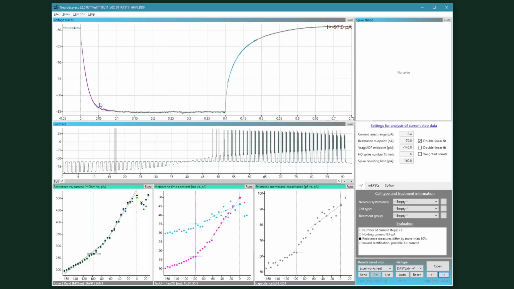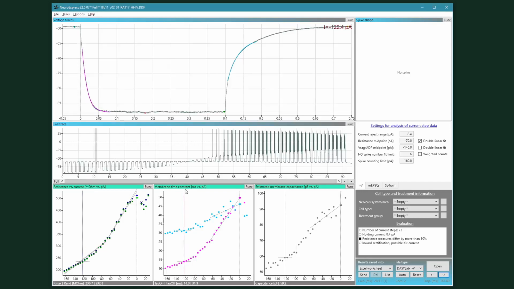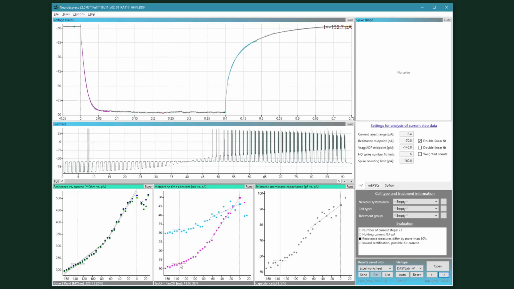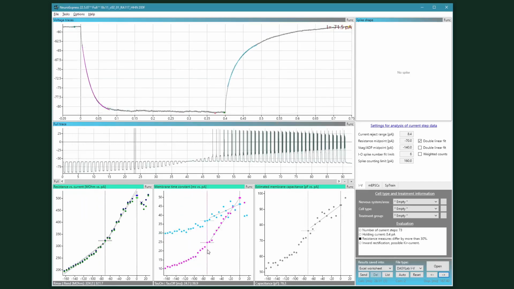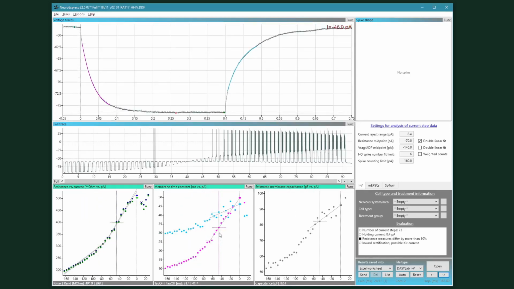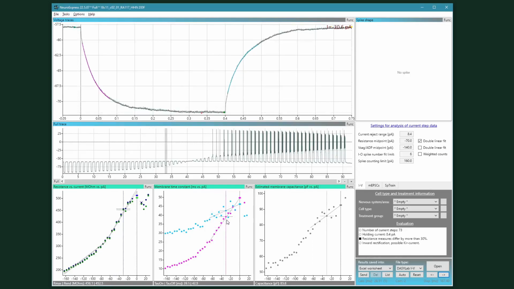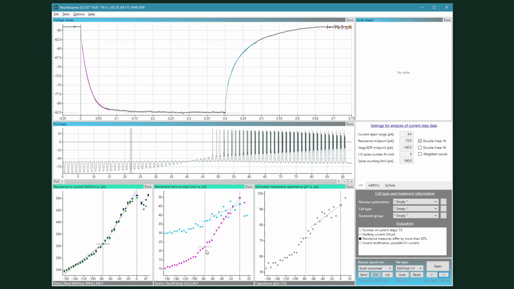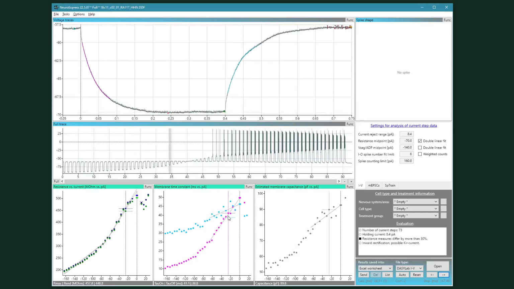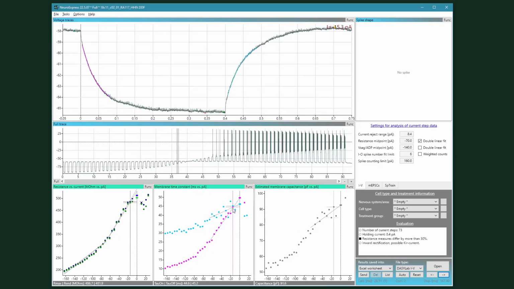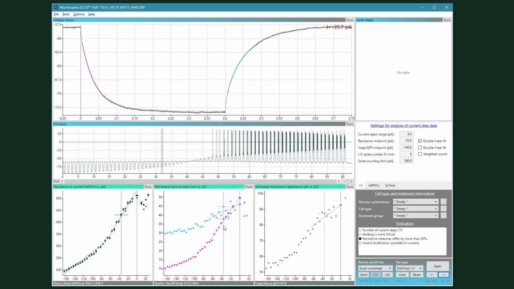The time constant, or tau, calculated from these traces will be shown as these magenta dots. In this case, you can see that the onset gets slower and slower. The time constant will rise as we get closer to I equals 0.